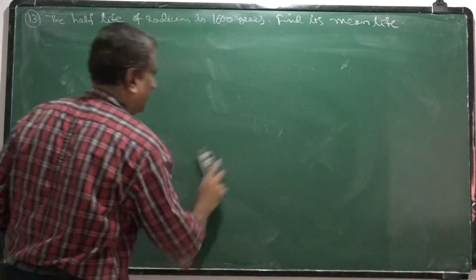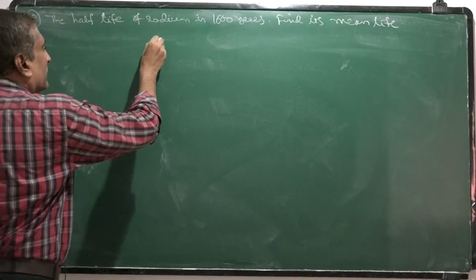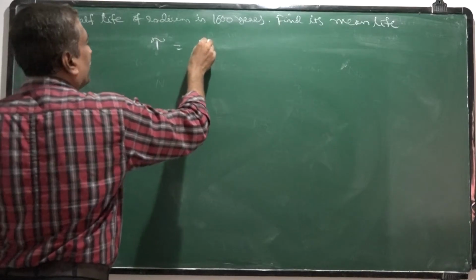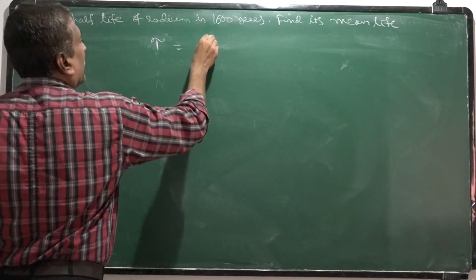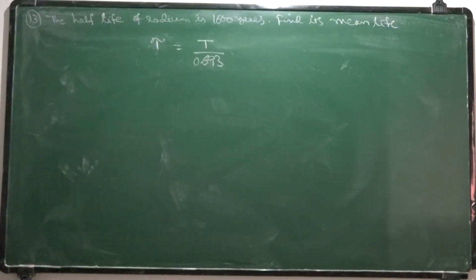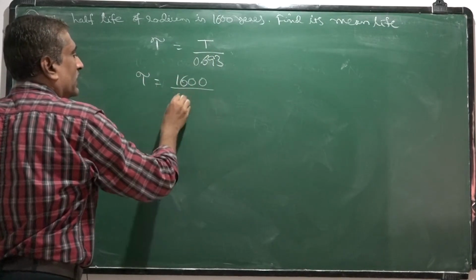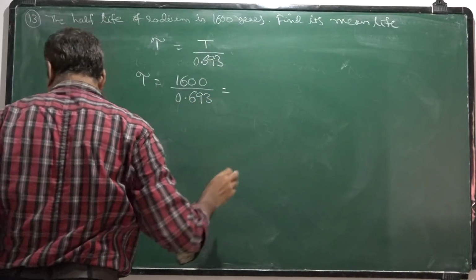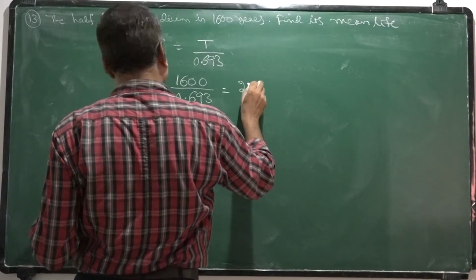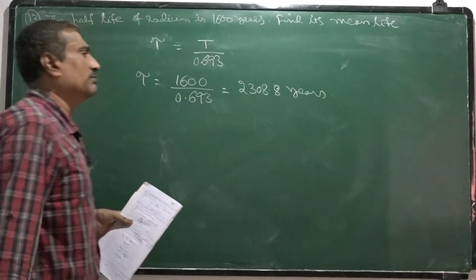Find its mean life. Okay, we have the relation. The mean life tau is equal to half-life by 0.693. So this is the relation between these two. So mean life tau is equal to 1600 by 0.693, and that is 2308.8 years. A simple one.